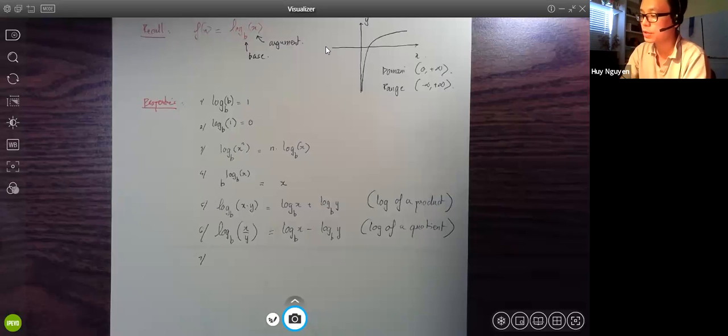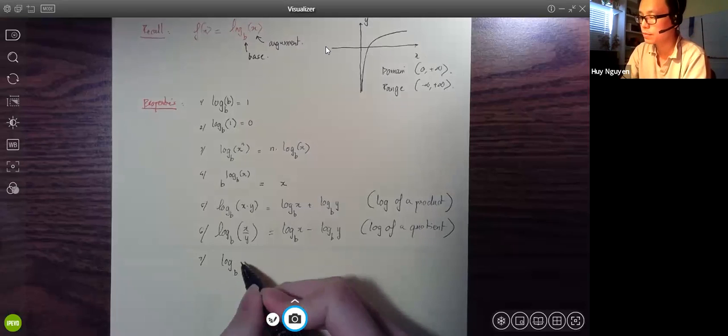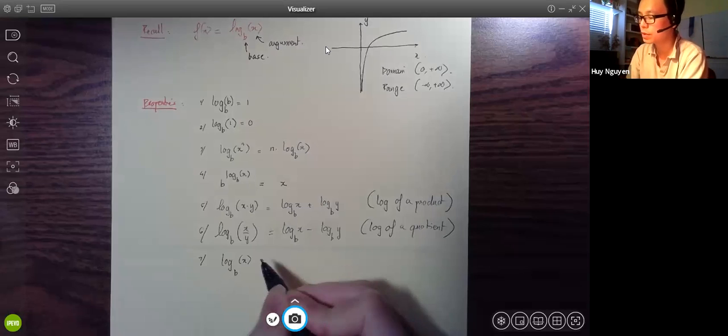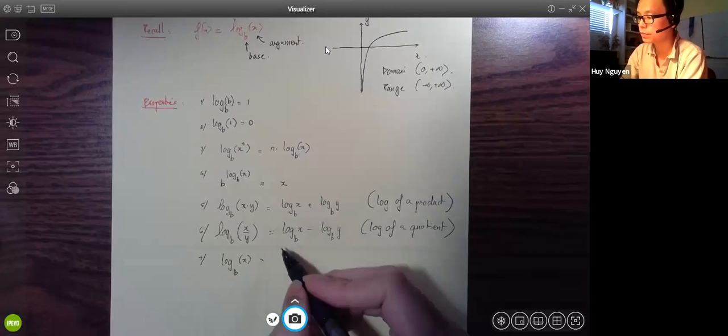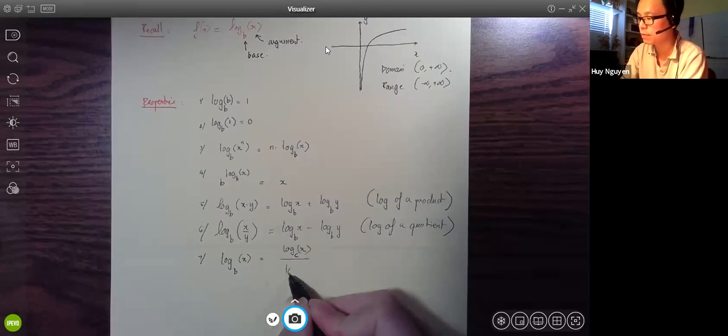It is log base b of x equal to log base c of x over log base c of b.